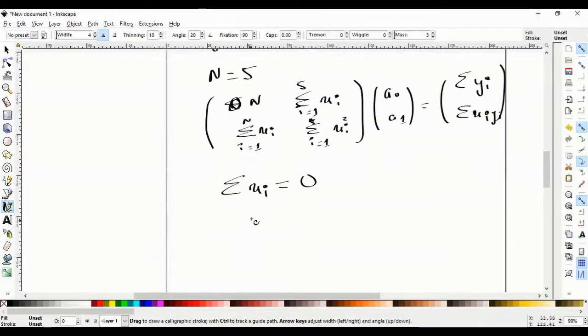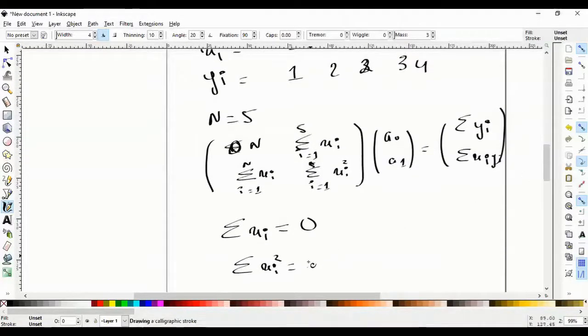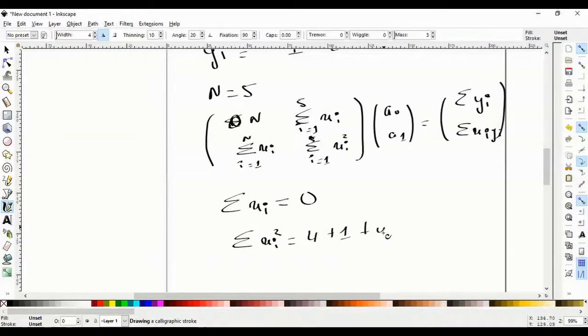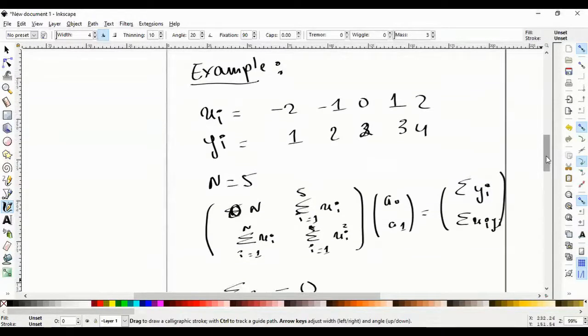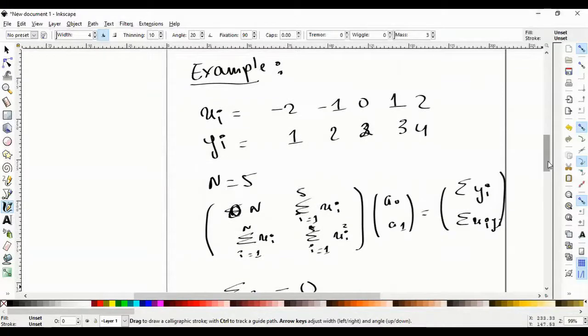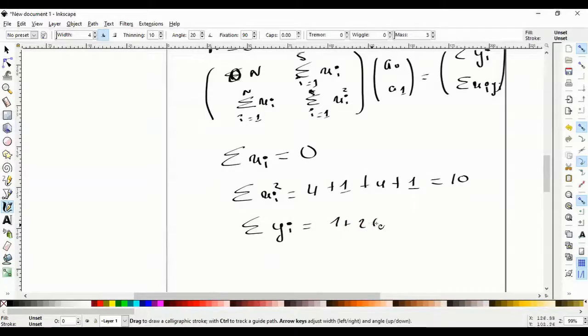So the sum of xi square here, you get 4 plus 1 plus 4 plus 1, so you get 10. Now the sum of yi is 1 plus 2 plus 2 plus 3 plus 4, which is 12.